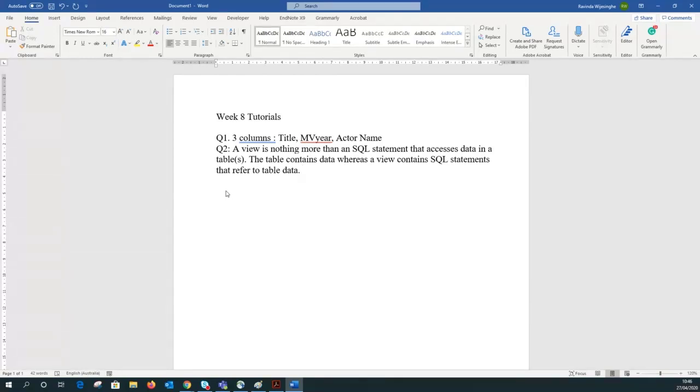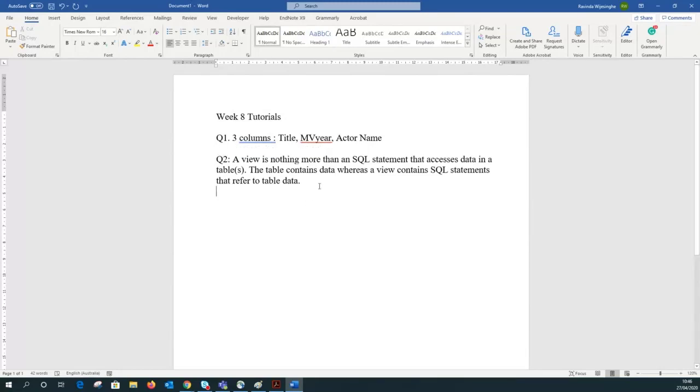Okay, so that is what the view means. So that is the answer. We can give an answer like this, pretty straightforward, very simple. Right, so that is question 2.